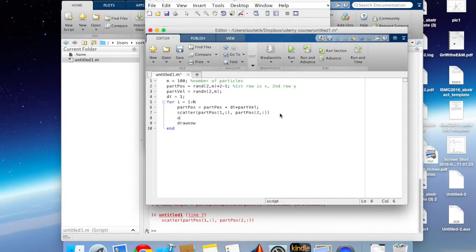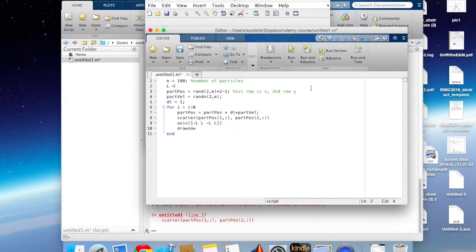Okay, to see this easier, let's fix the axes. Minus L to L, minus L to L. L is our box half width, and we just multiply it here.